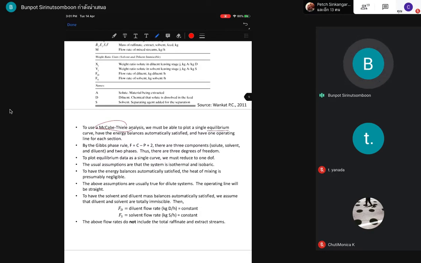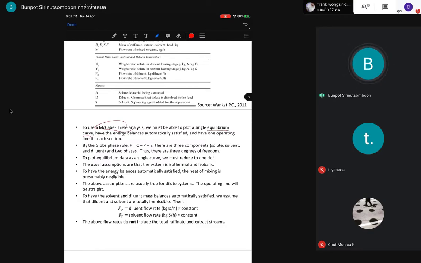And for the energy balance, we're not going to care much about this, because we're going to assume constant temperature, constant pressure, and no heat of absorption, no heat of solubility. So basically we're going to focus only on the mass transfer.